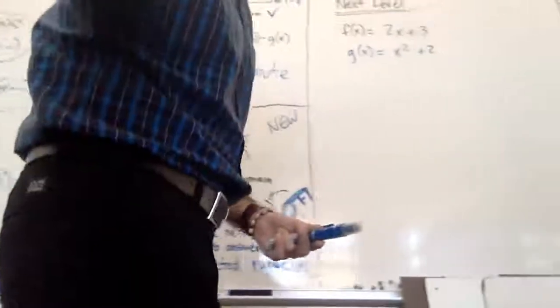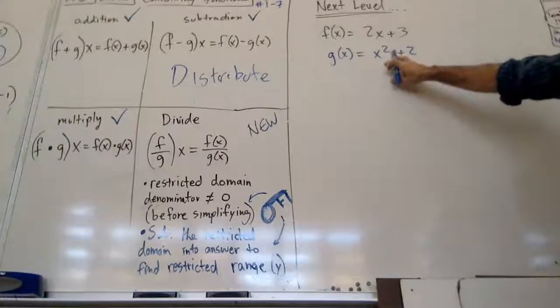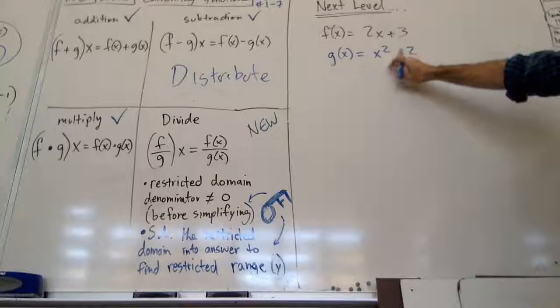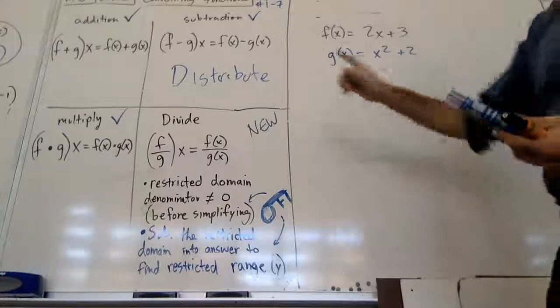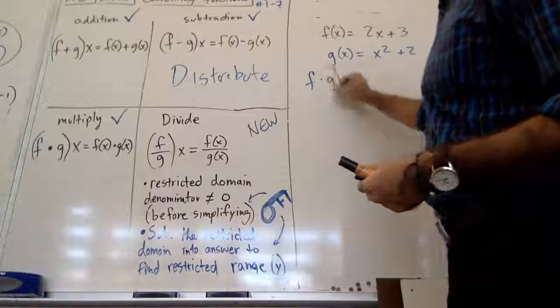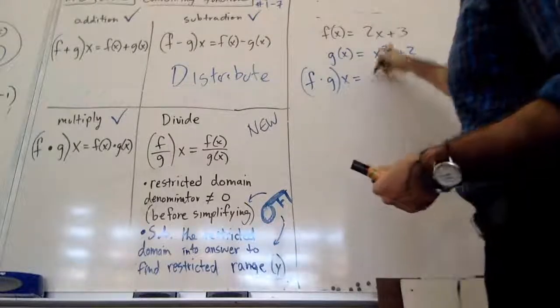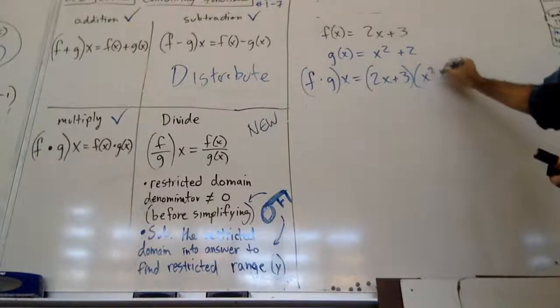All right, I'm just going to remind you quickly that if I have these two, it's not next level. I'm going to use these actually for this next example. So let's just use these as our f of x and g of x. If I'm multiplying, this should look a lot like FOIL, even though the terms are a higher degree. It's just going to be multiplying them.